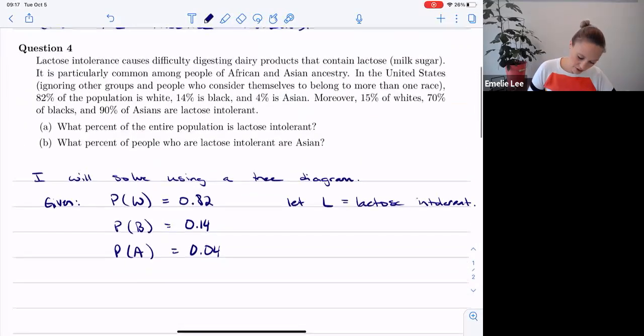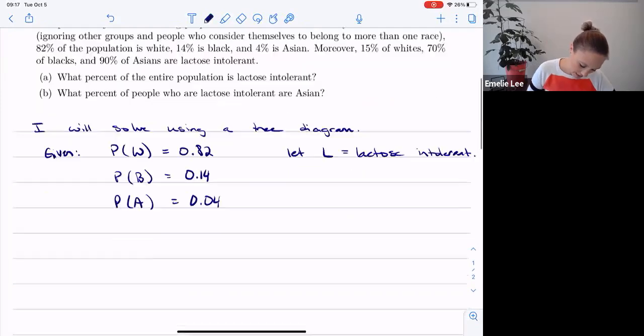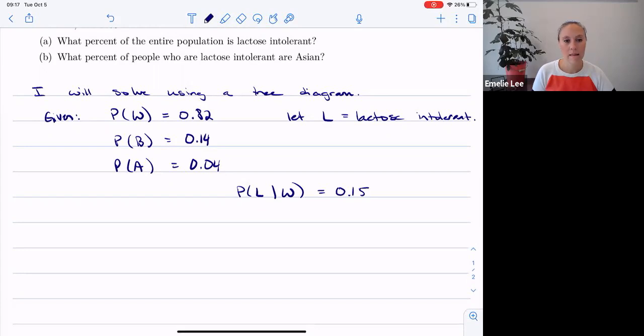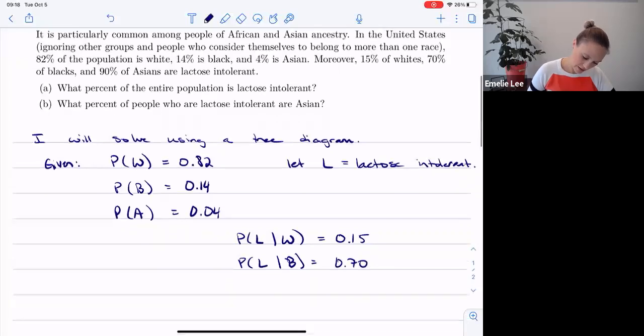So then what we're told is that 15% of whites, so that means the probability of being lactose intolerant, given that the person is white, is 0.15. The probability of being lactose intolerant, given that the person is Black, is 0.7.